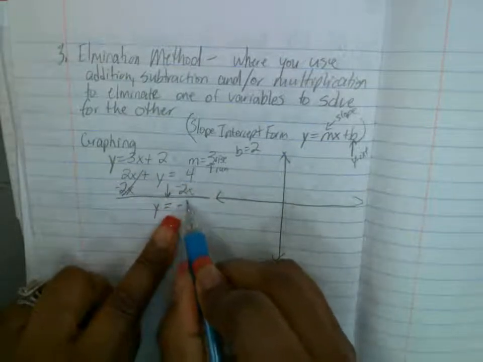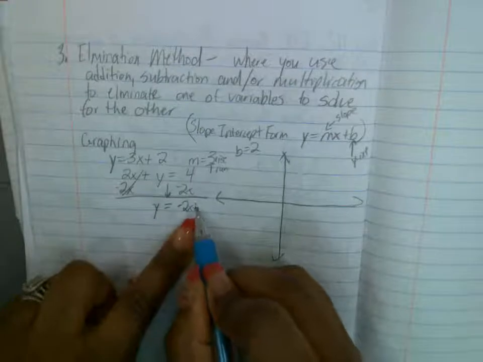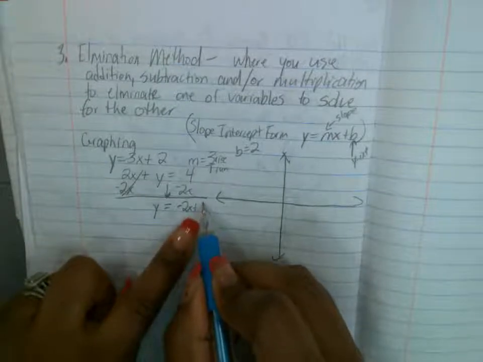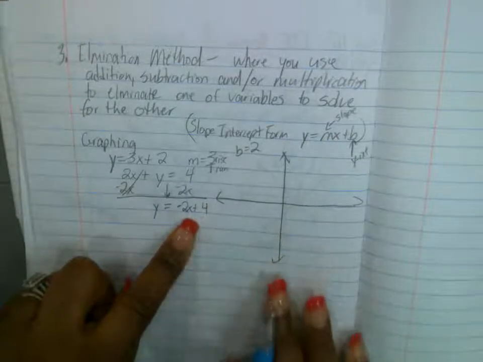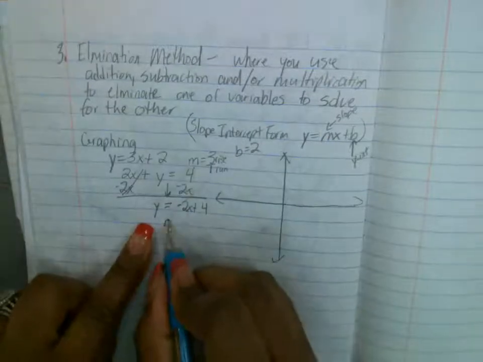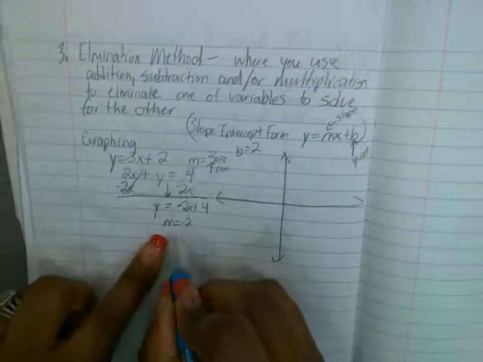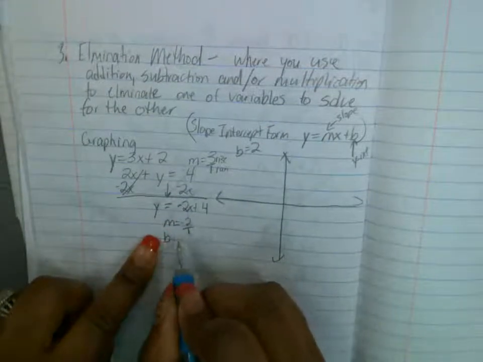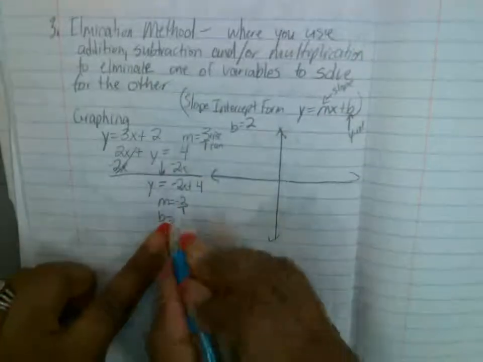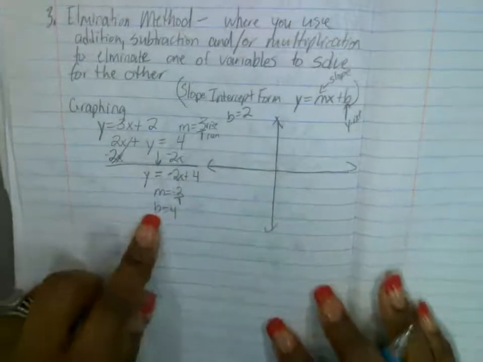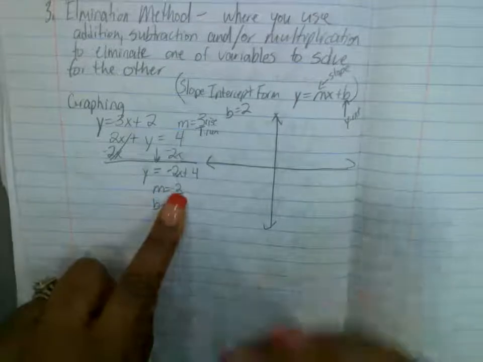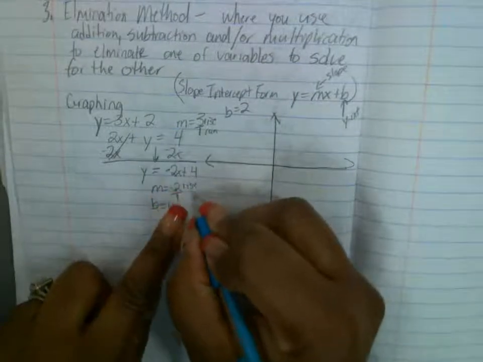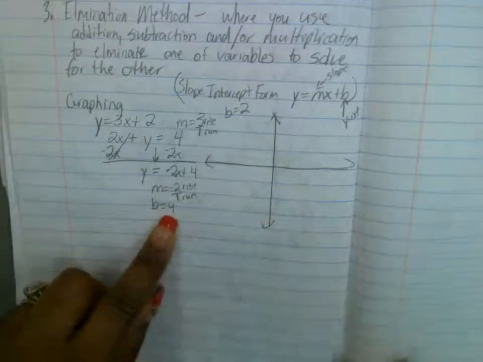I'm going to bring down my negative 2x first, and then plus 4. Okay. All right, so my m here, my slope is -2, and -2 over 1, sorry. And my b is going to be 4, okay? This is my slope, rise over run, and this is my y-intercept.